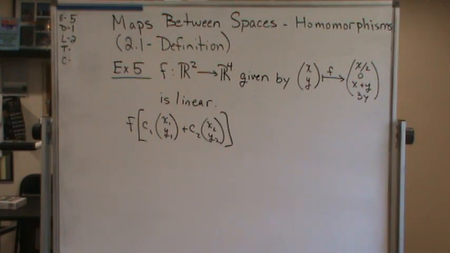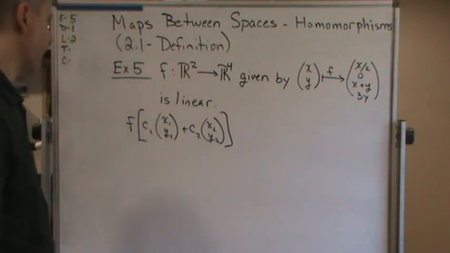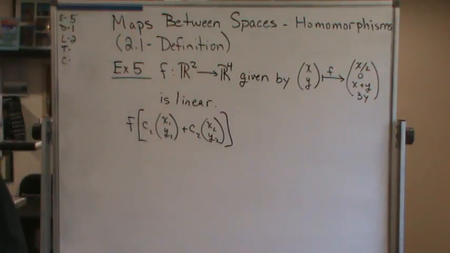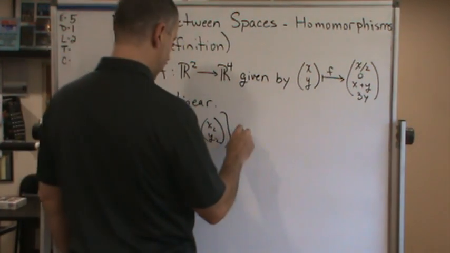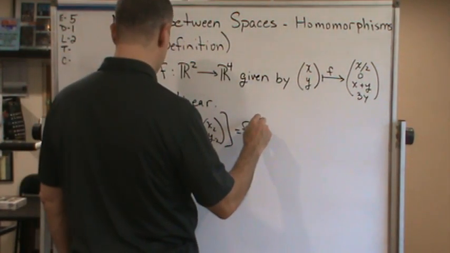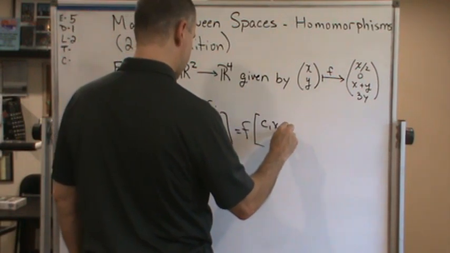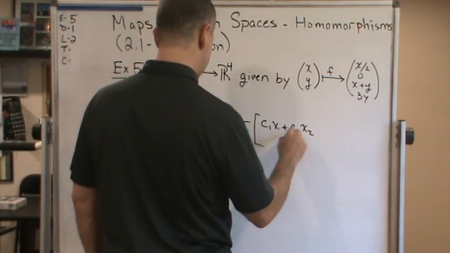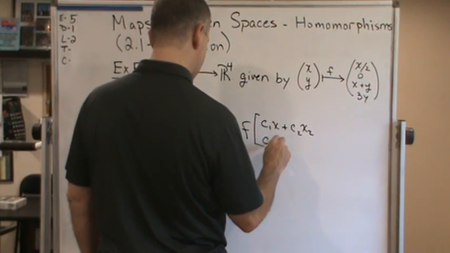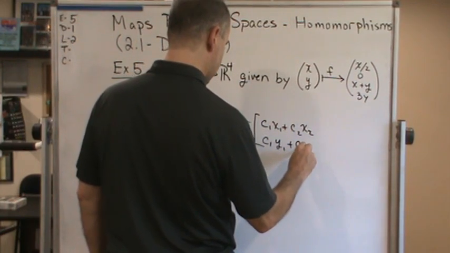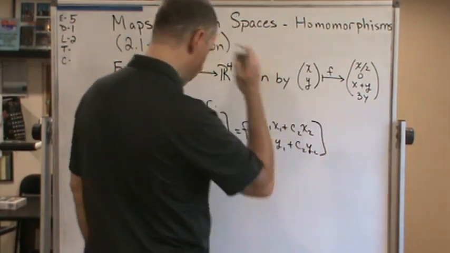Let's see if we can do it this way. So let's go ahead and say this is f of (c1 x1 plus c2 x2, c1 y1 plus c2 y2).